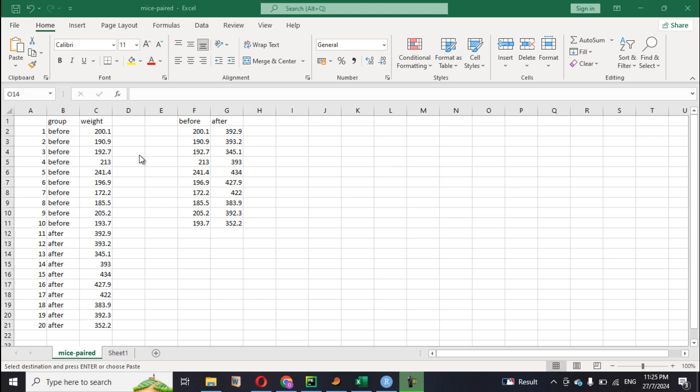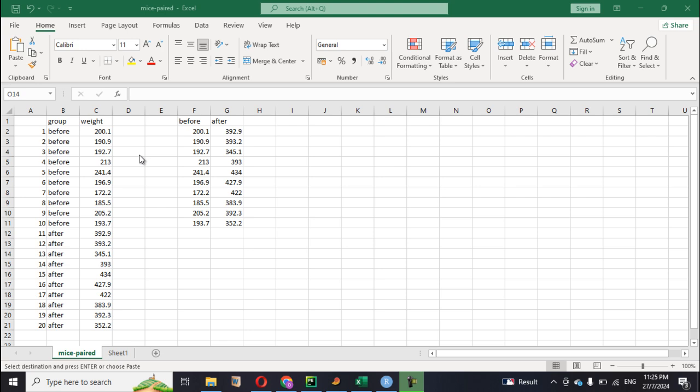For example, maybe you want to do an experiment on the impact of vacation on people's stress level. Maybe some staff in an organization want to know the impact of vacations on their stress level.